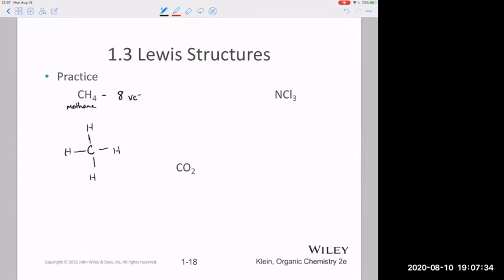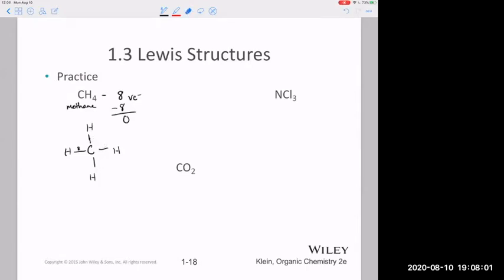For each bond that you laid down, you're going to subtract 2 valence electrons. This is how many electrons you have to use up in your drawing. Each time you lay a bond, you've laid down 2 of your electrons. So at this point, I've laid down 2, 4, 6, 8. That means I have used up all of my valence electrons, so I can't add any more to the board.